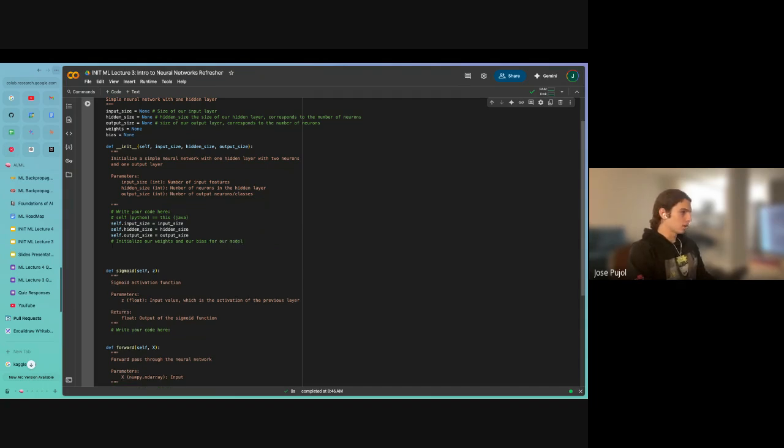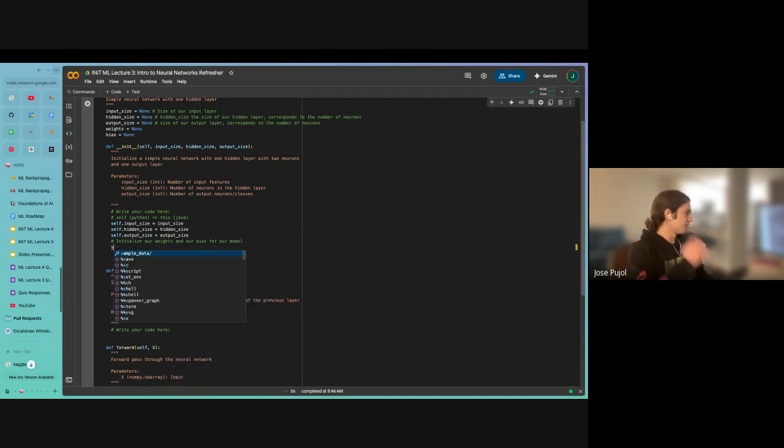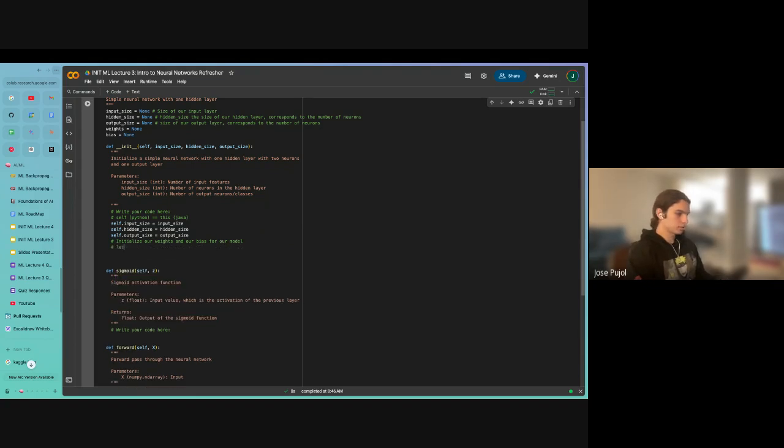I am going to do what they have there. So let's make two hidden layers.